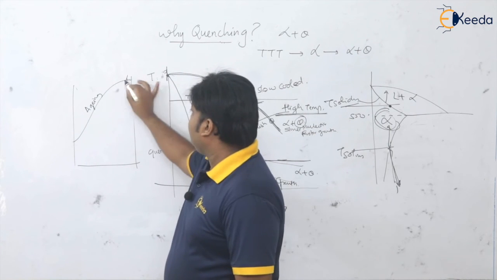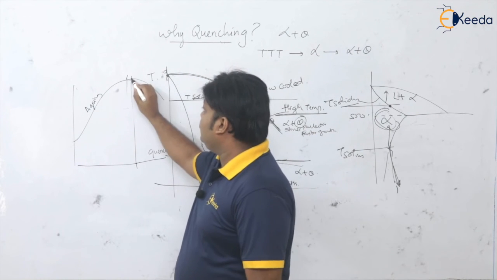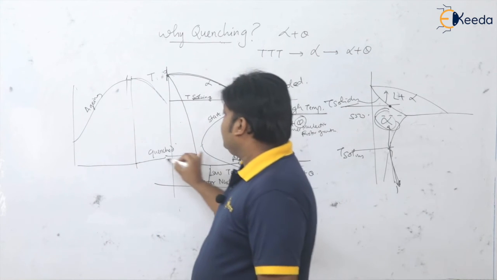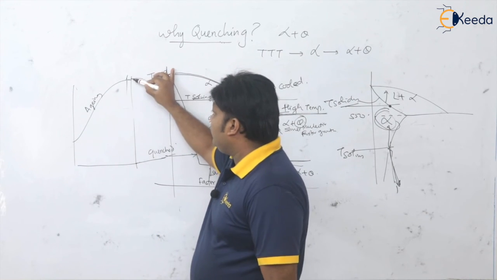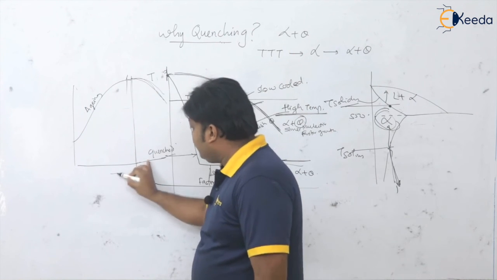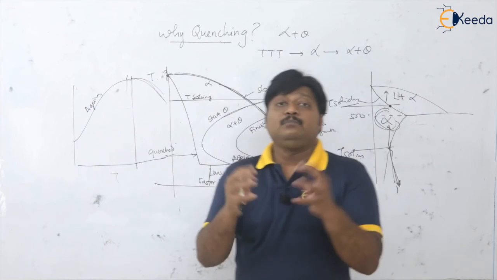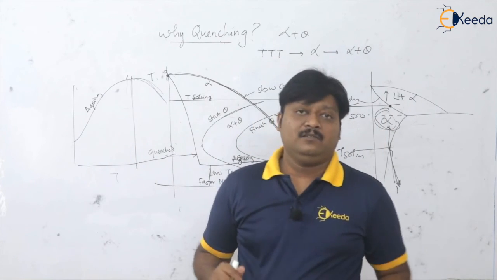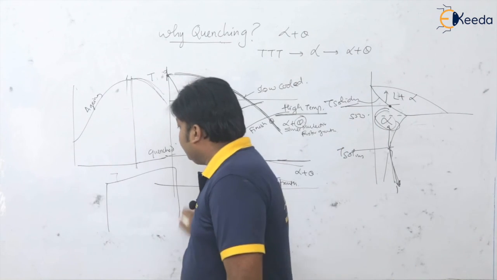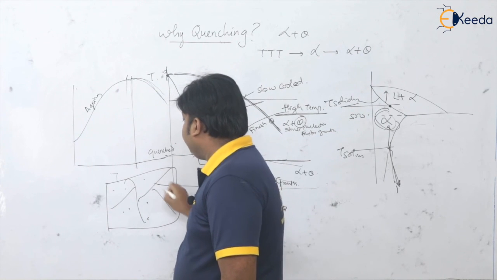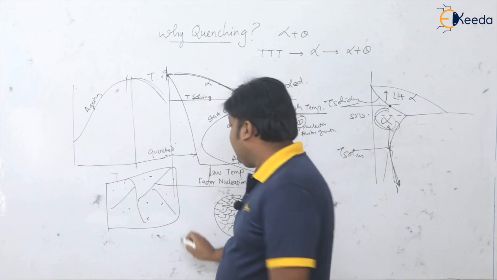Now the thing is that after this peak hardness, the hardness goes on decreasing. So dear students, after this time period, this precipitate theta becomes coarser and coarser. शुरुआत में ये grains थे, there was a fine precipitate of this theta.